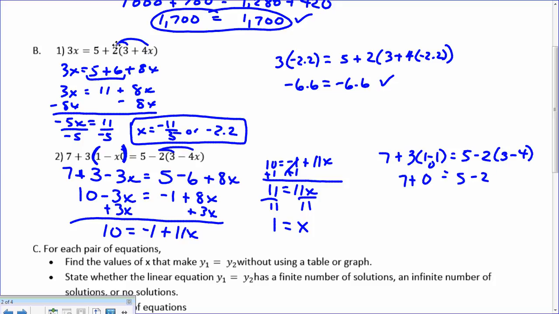And then this becomes negative 1. So I get 7 equals 5. And negative 2 times negative 1 is 2. So I end up with 7 equals 7. Check. So how many people got 1? Very good. So that checks.